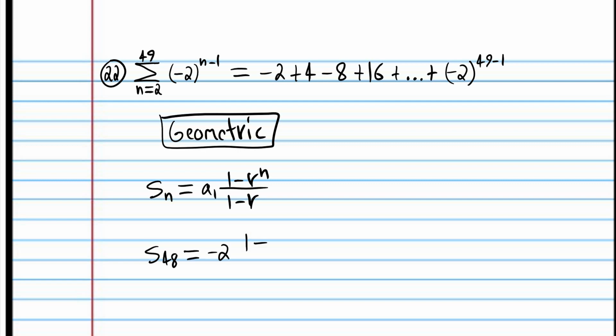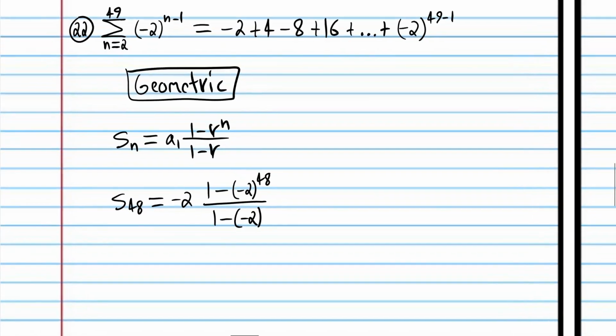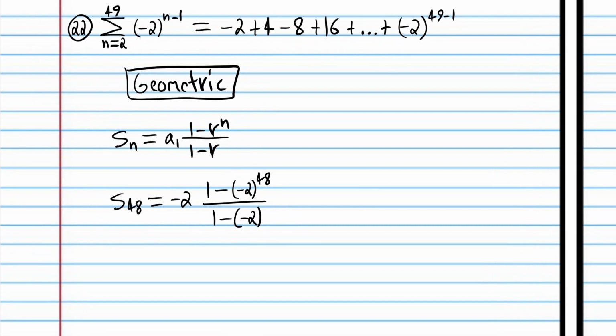So we have 1 minus the common ratio, which is -2 to the 48th power, over 1 minus -2. And so we got that a1 value from there, and we should probably put that in parentheses just to be safe. Now we have a case where we're raising to an even power.